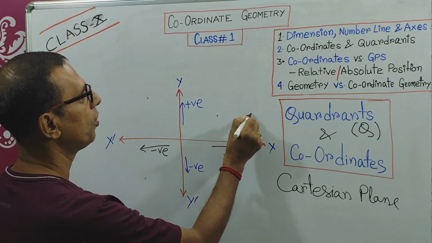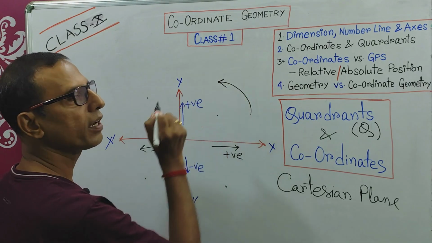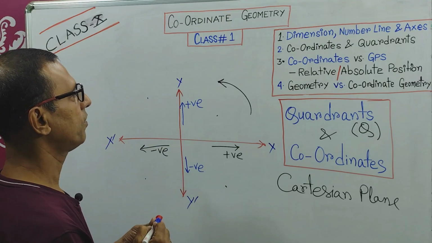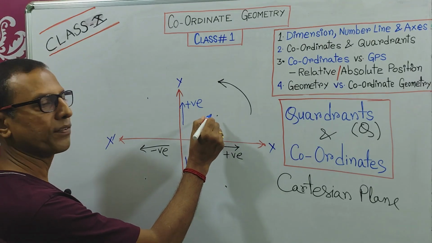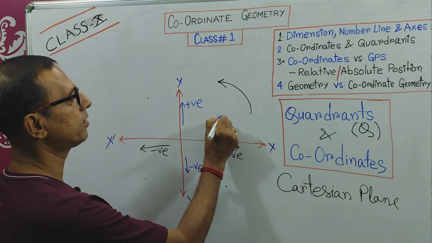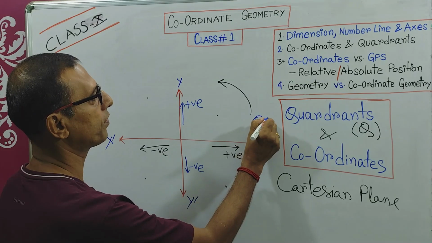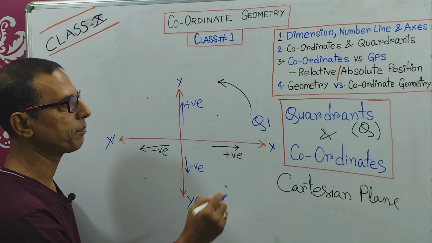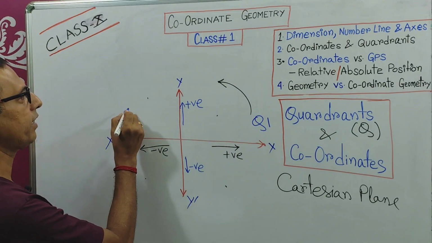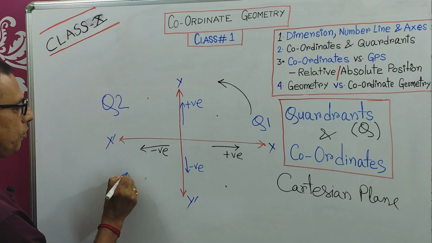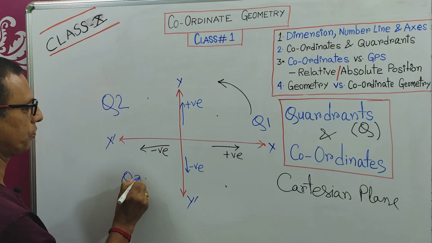So if you move in the anti-clockwise direction, from here, the rightmost top one is called quadrant 1 or Q1. Second one is quadrant 2 or Q2. Third one is quadrant 3 or Q3.